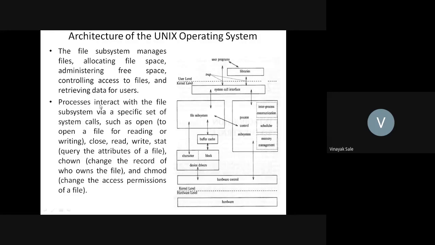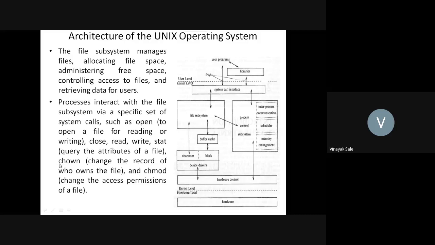So a process interacts with the file subsystem with specific system calls for reading, writing, or executing. Their requirement is to check who is logged in, and if you want to change the owner of that file, then the command is chown: ch for change, o for owner.